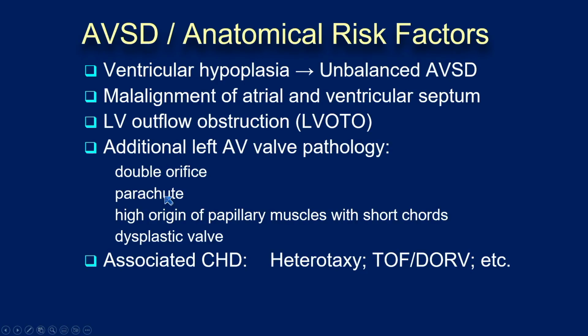So look, if you see two papillary muscles or only one on the left side, then a high origin of papillary muscle with short cords can cause obstruction and dysplastic valves. And then the association with heterotaxy, which I will not cover in this talk, but I have another one on the last day. AV septal defects are a common feature of heterotaxy.